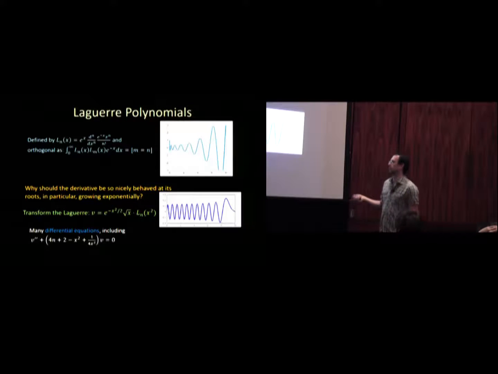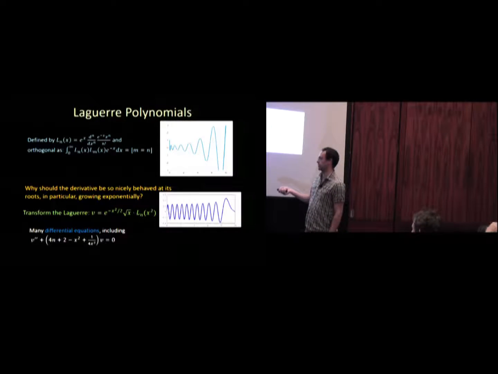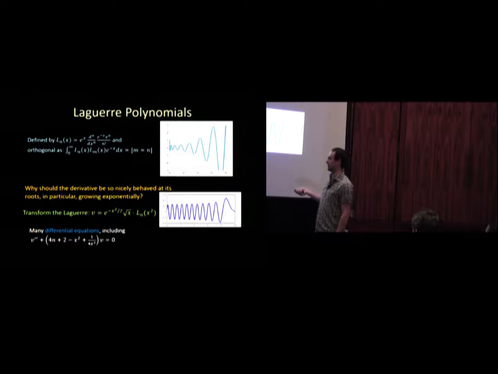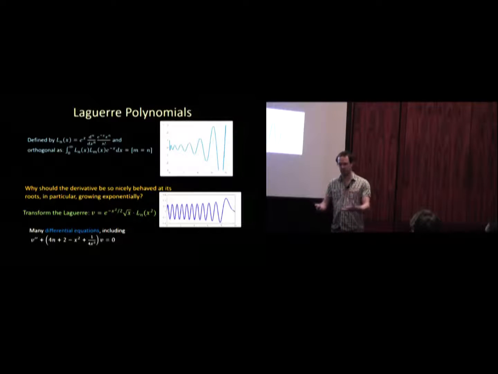So to ask one more question: if we had the differential equation v double prime plus a constant times v equals 0, so v double prime plus c times v equals 0, what's the role of c in the sines and cosines that are solutions to this?